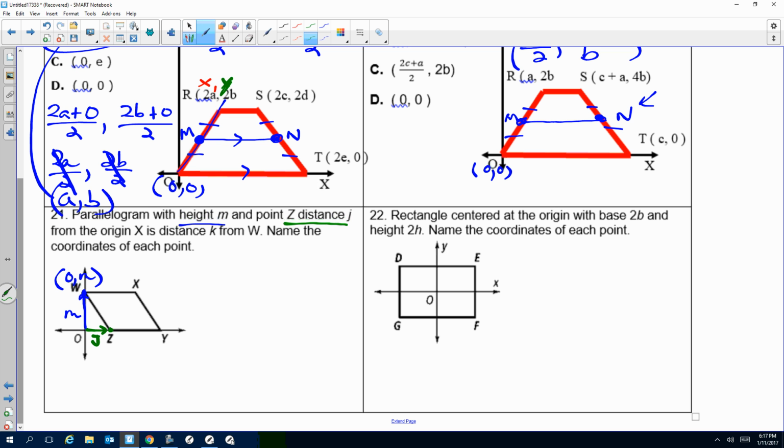My distance for Z, because it's on the x-axis, would be J, comma, 0.